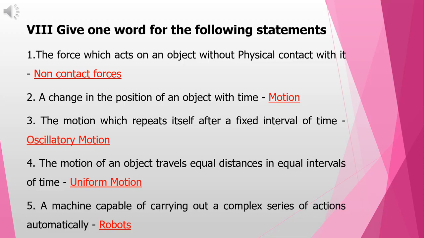Question number 5, a machine capable of carrying out a complex series of actions automatically. Robots are the machines. They perform human actions more accurately and they perform the jobs faster. Answer, robots.